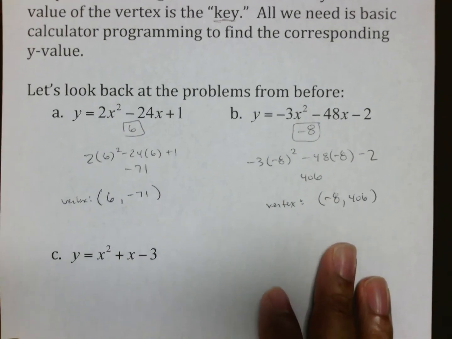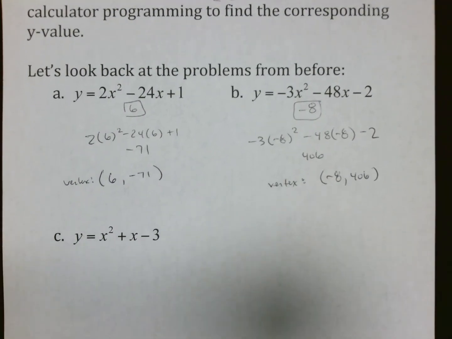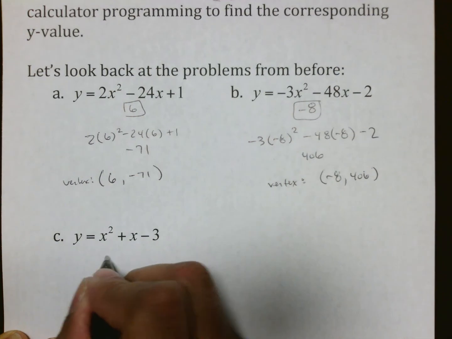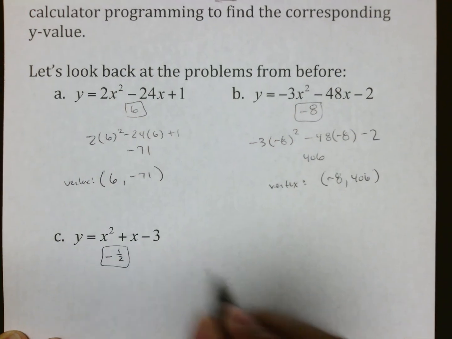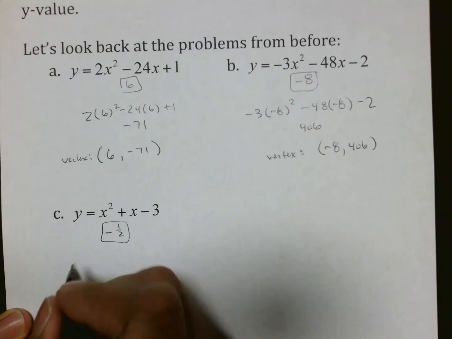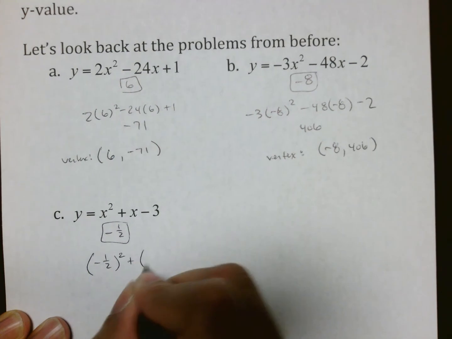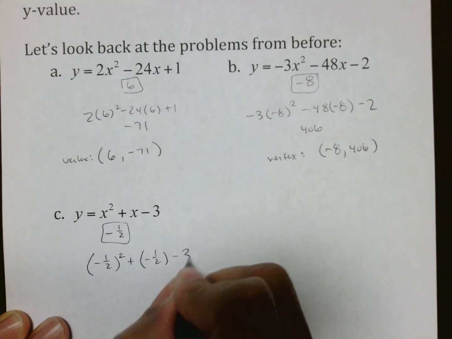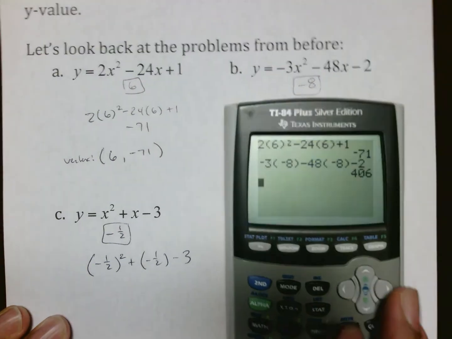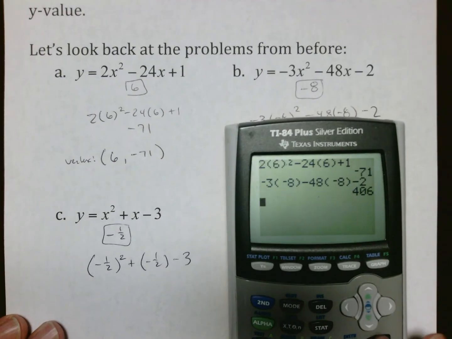Even in the case of having a fraction, it's not so bad. I wanted to do this because you need to get used to fractions. This fraction, I believe, again, was negative 1/2. And so we want to put parentheses negative 1/2 squared plus negative 1/2 minus 3. And you can do that using the parentheses. Again, parentheses on your calculator are very important. So parentheses negative 1/2.